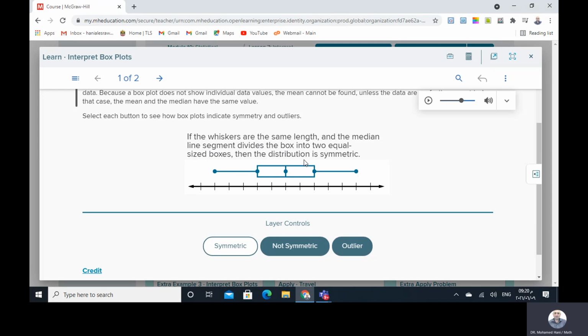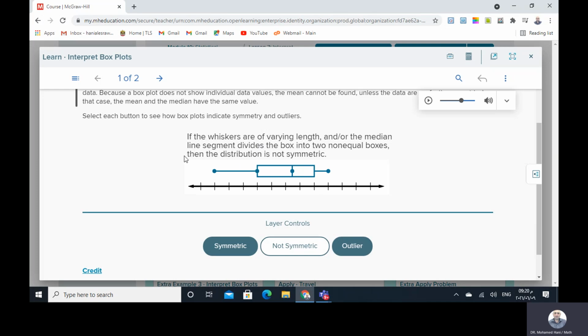Then the distribution is symmetric. If not symmetric, the whiskers are of varying length, here different from here, and the distance here is different from here, so this is not symmetric.